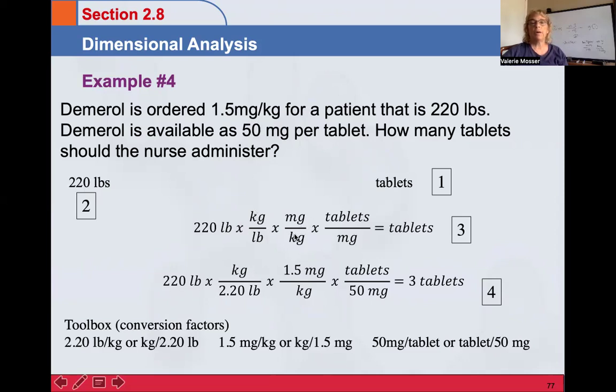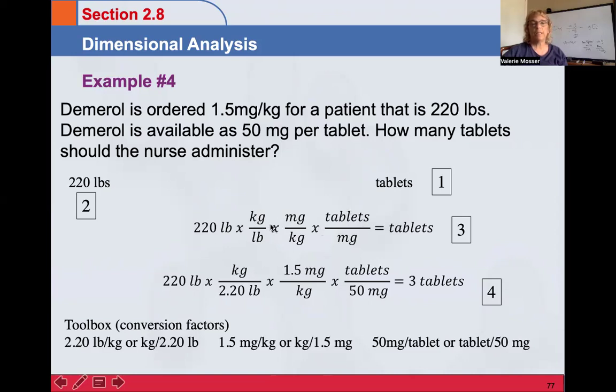Then we're going to put our dosage here in the middle, milligrams per kilogram. And then finally, the number of milligrams in a tablet for our first step. So we're going to use all of the toolbox conversions to get from pounds to kilograms, kilograms to milligrams, and finally milligrams to tablets.